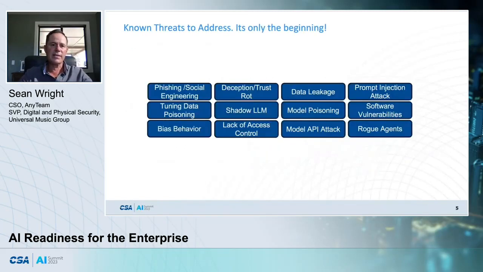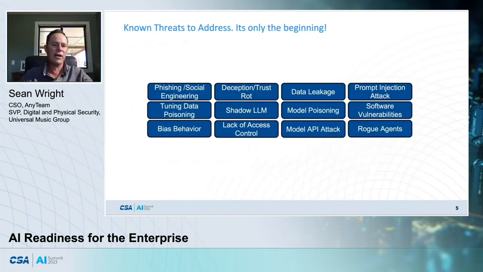So, known threats. As everybody knows, AI introduction to the world is relatively new. It's been around for a long time, but in the day-to-day use and how businesses are modernizing their operations, AI is a fairly new thing introduced into the world.